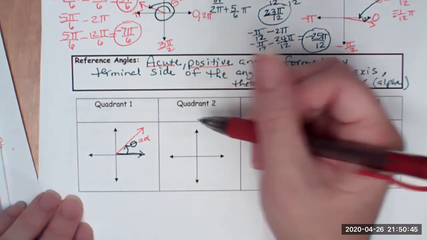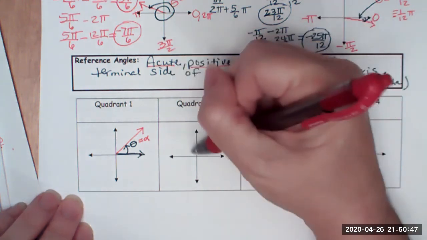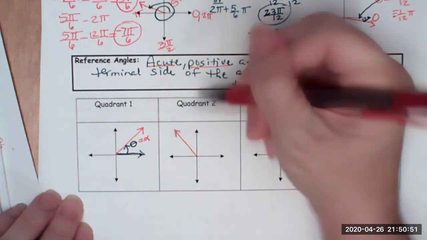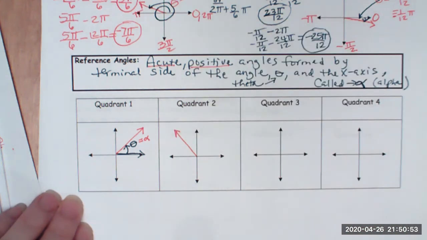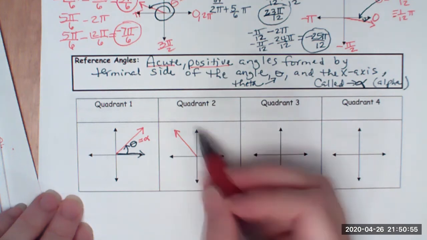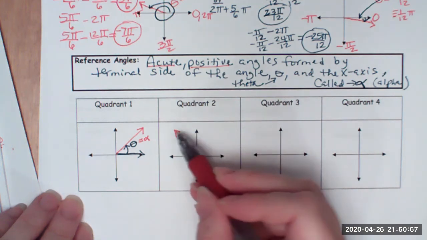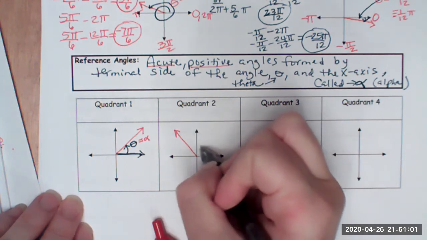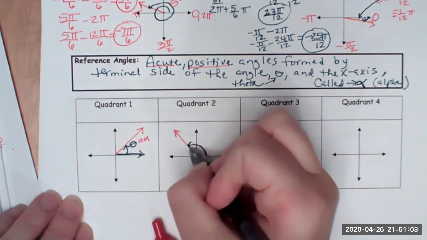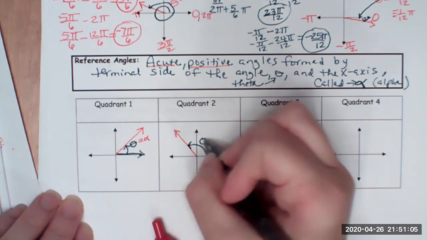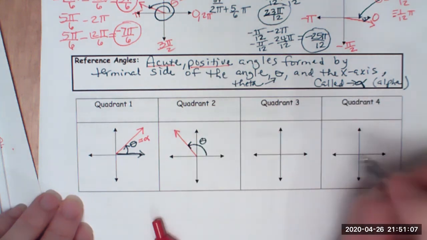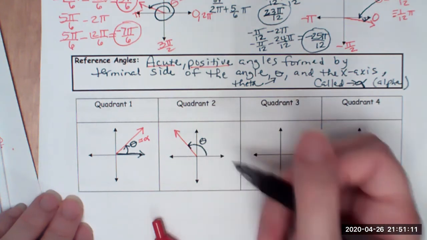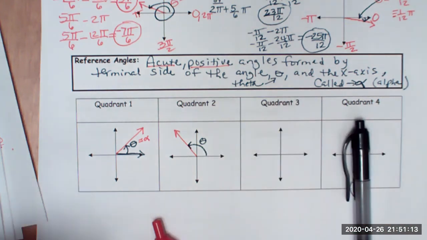However, let's look, for example, if we were to have the terminal side of the angle in the second quadrant, in quadrant 2. If I were to rotate counterclockwise, there's theta, okay? Now theta is not the same value as alpha. So we can highlight this.